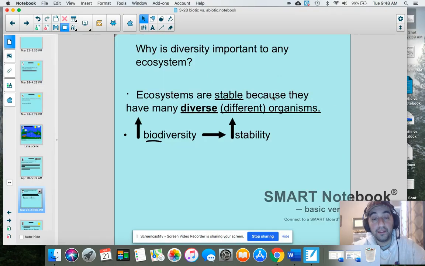And then you could annotate with the arrows: when you increase biodiversity, that leads to an increase in stability. You can also fill that in on your guided notes.